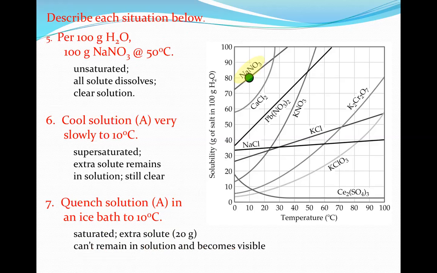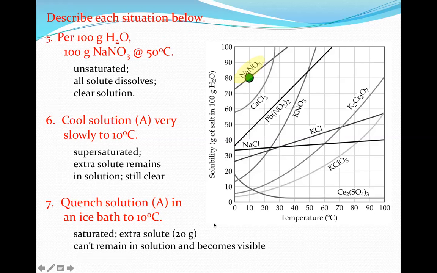Since we did it very quickly, we were not gentle with it, it's gonna fall down to the saturated line, and we're gonna have 100 minus 80 is 20 grams of extra solute sitting at the bottom.